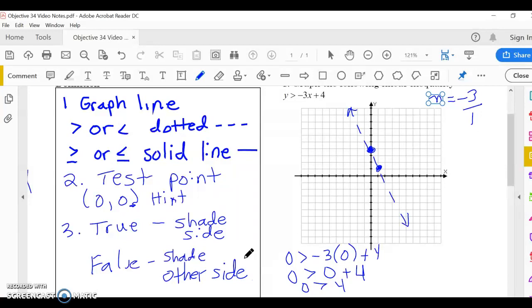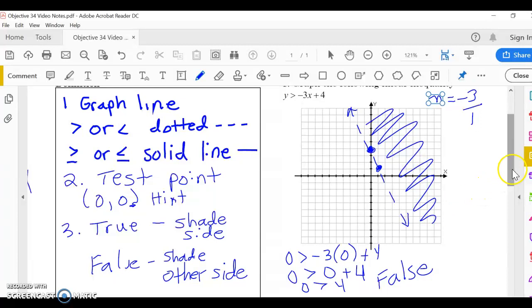So, in this example, this is false. 0 is not greater than 4. So 0, 0 is right here. It is not greater than. So, we have to shade the other side. And that is the solution, and that is our inequality answer.